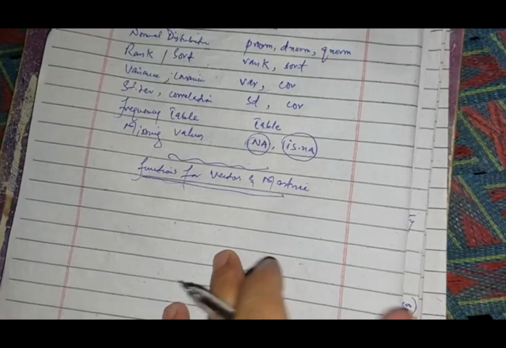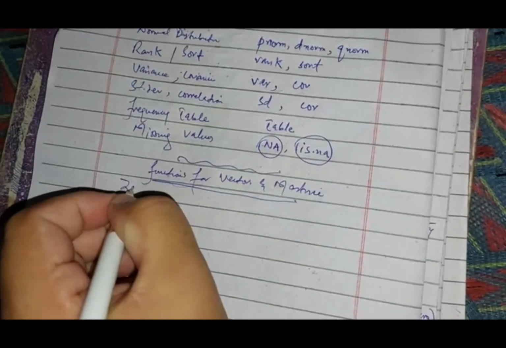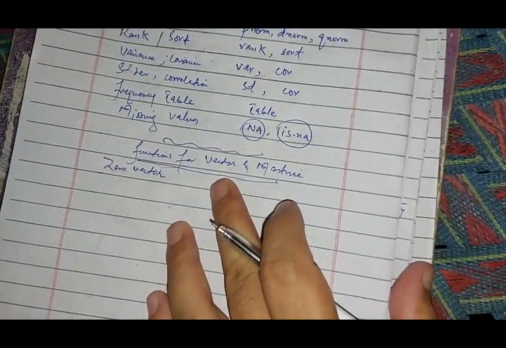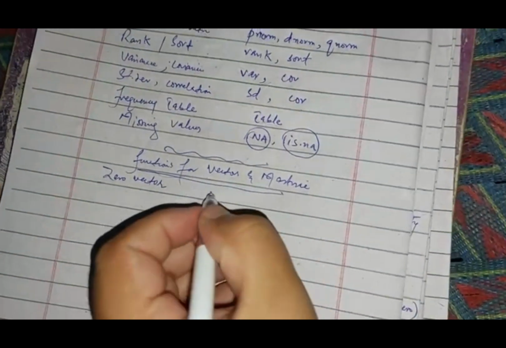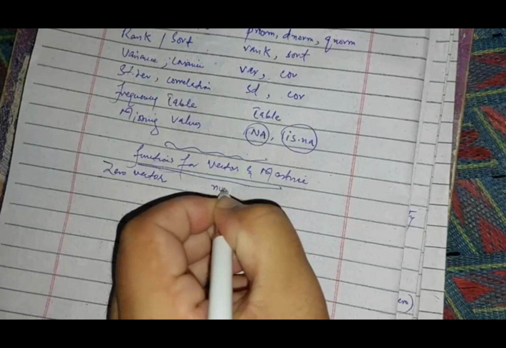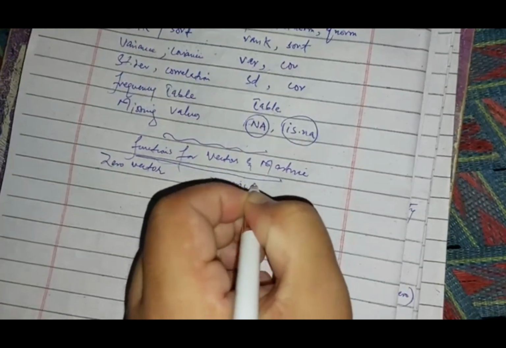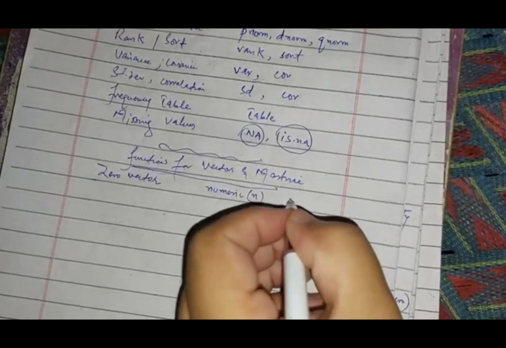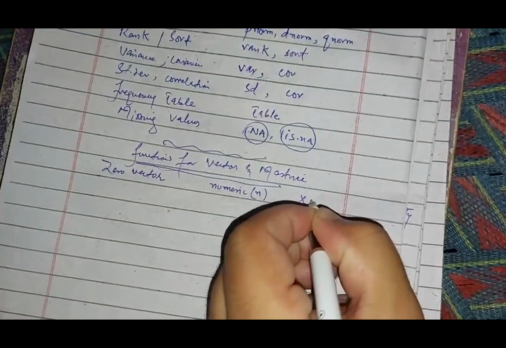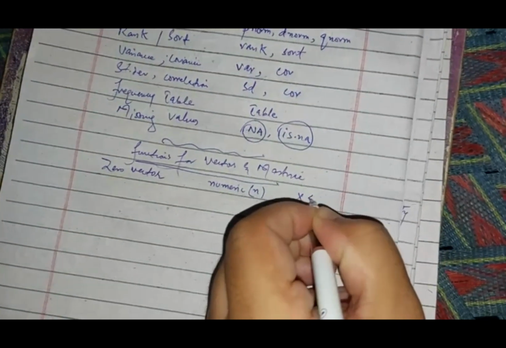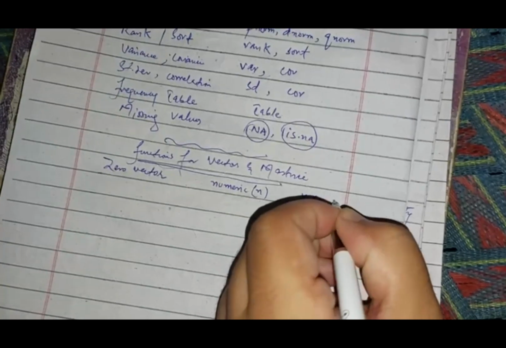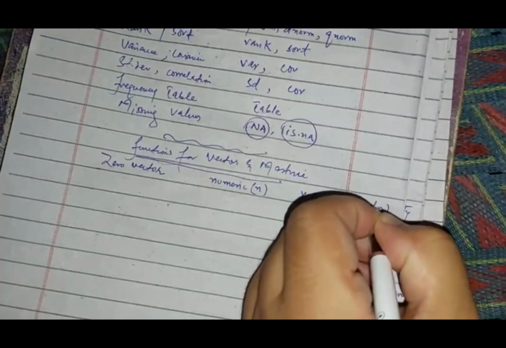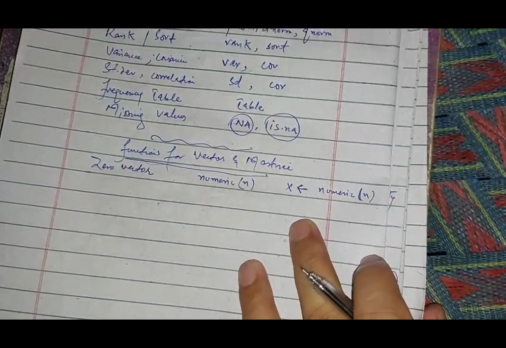Now if you want to define a zero vector, what do we do? For a zero vector, we have numeric(n). For example, x is assigned the value of numeric(n).